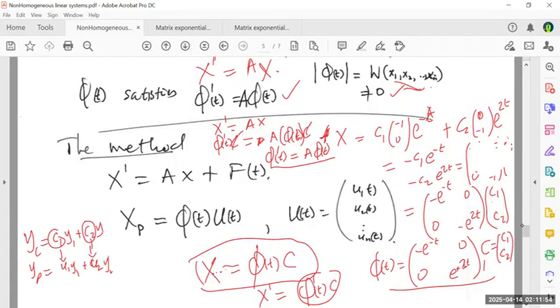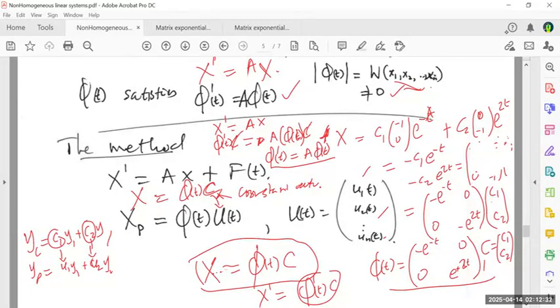We can call them parameters. Instead, we had x equals phi of t times c, where c is a constant vector. Now, just like before, we say, what if we change that to a variable vector, u of t, which is a column vector of functions u1 to un.